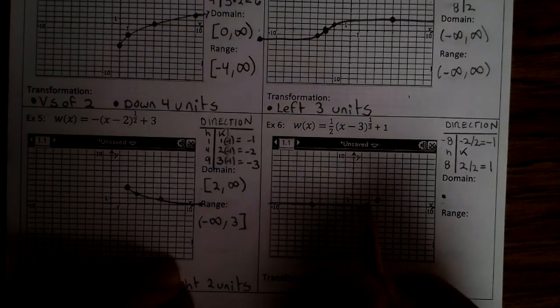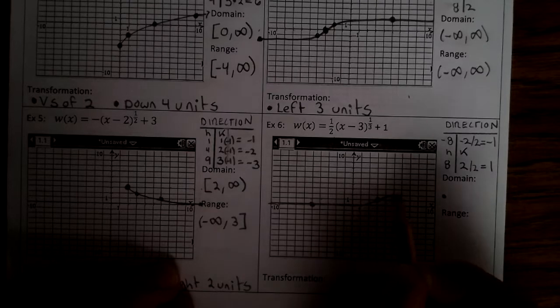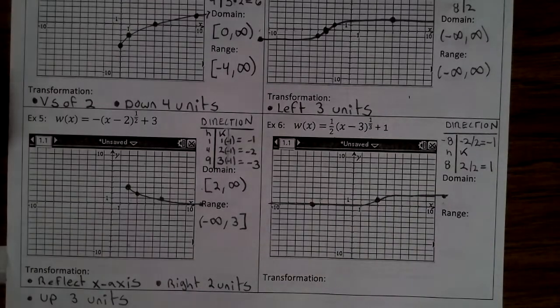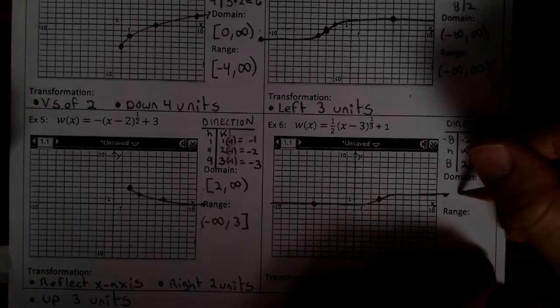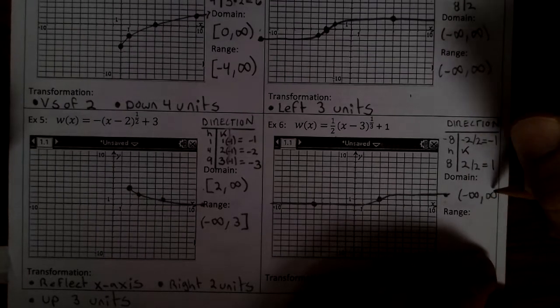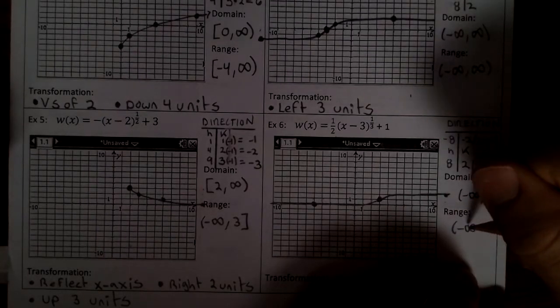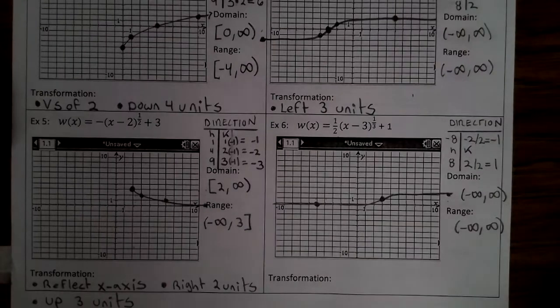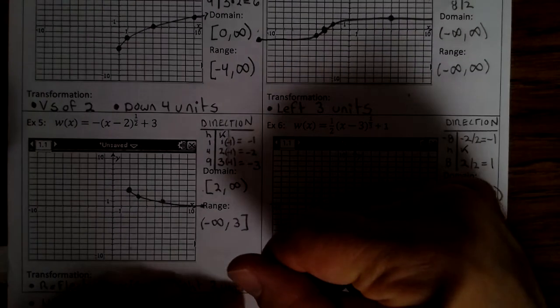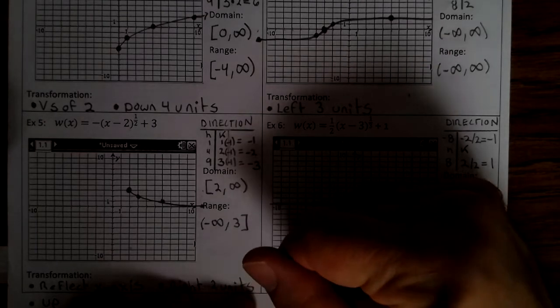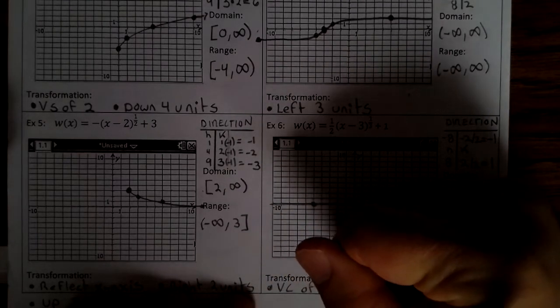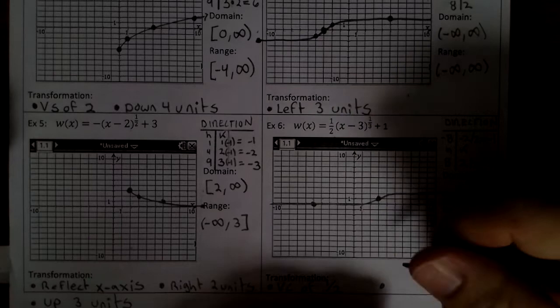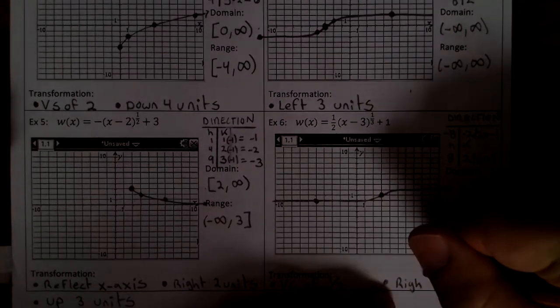Now we know domain's real simple, -infinity to +infinity. Range is -infinity to +infinity. And a few transformations: we have a vertical compression of 1/2, right 3 units, and up 1 unit.